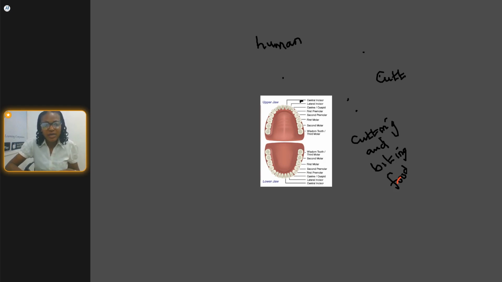So we move to the canine. This is the canine here, beside the incisor. As you can see on the diagram, it is beside the incisor, so it helps for tearing too. It also supports tearing of food.